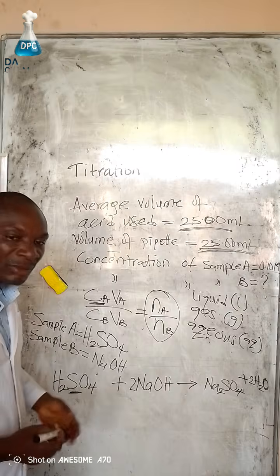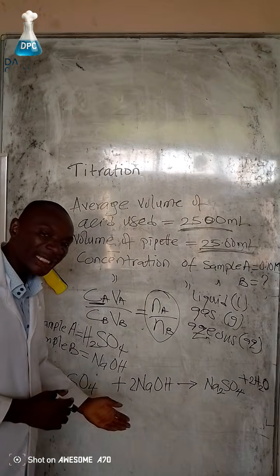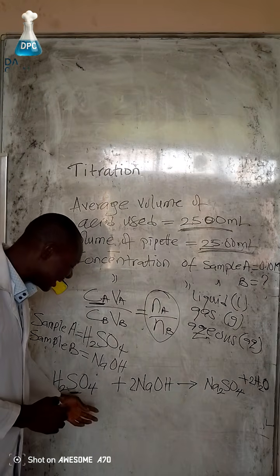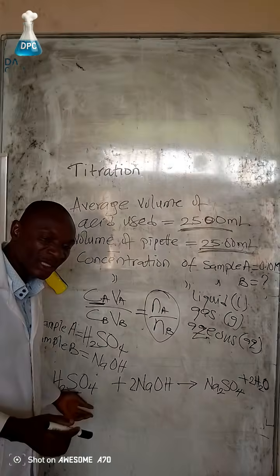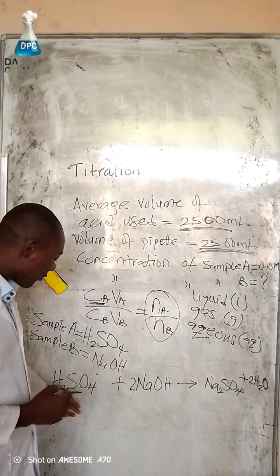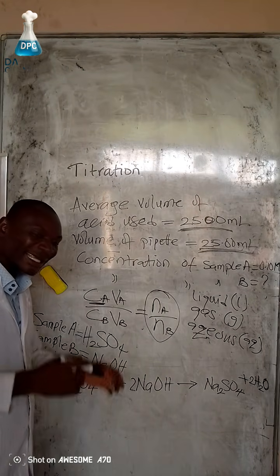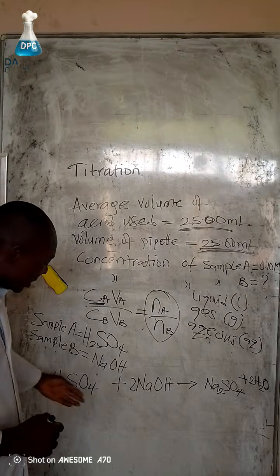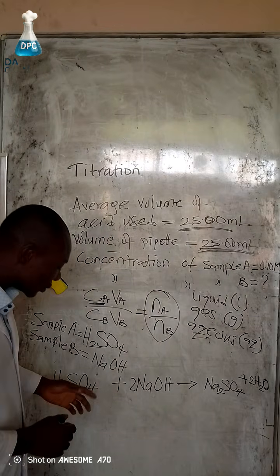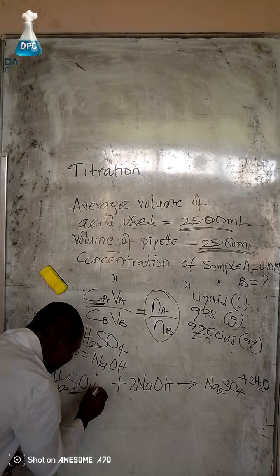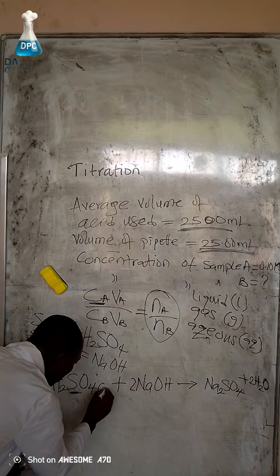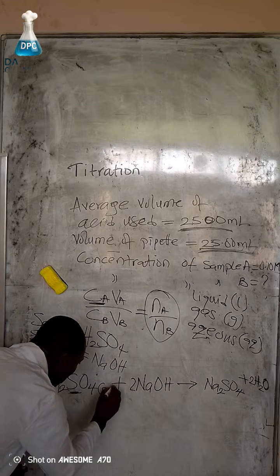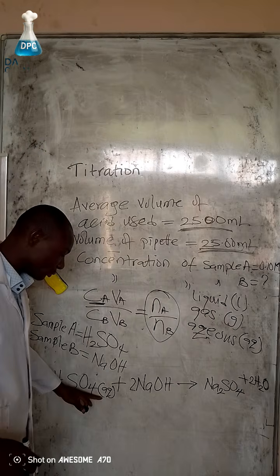It's a dilute solution because it's dissolved in water. It's diluted in water. So in that case, it is aqueous, because a certain amount of the acid in water is a dilute solution. So it's aqueous. So you indicate small letters AQ.